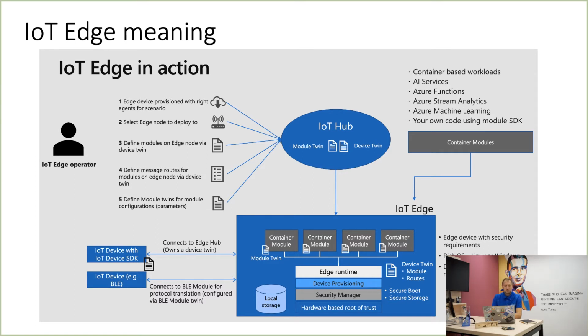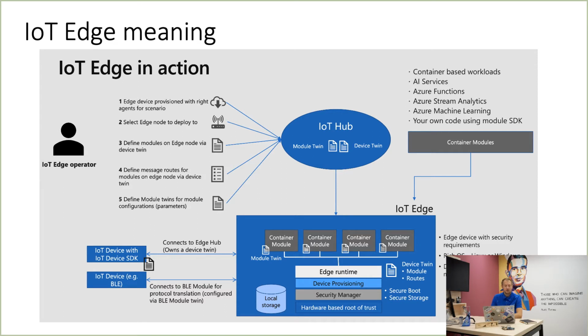The process of using IoT Edge is also simple. Take a look at my presentation and you see the first step of this scenario. You can provision your IoT Edge device by using a special engine for this scenario, and then you need to select the Edge node to deploy.